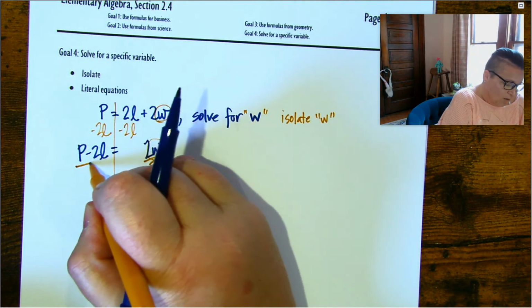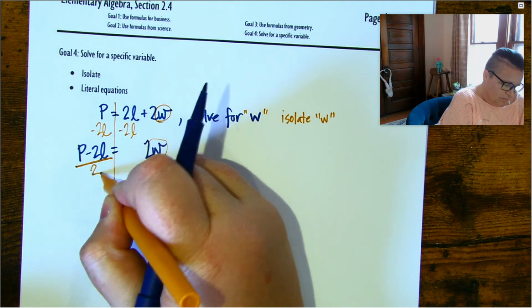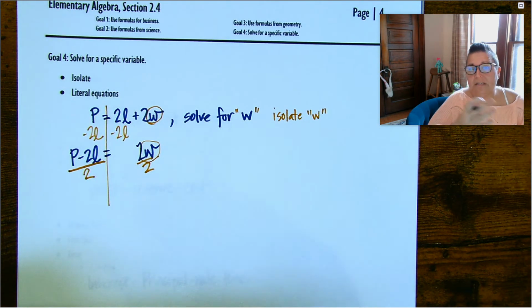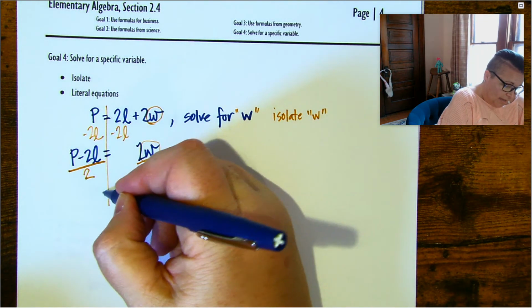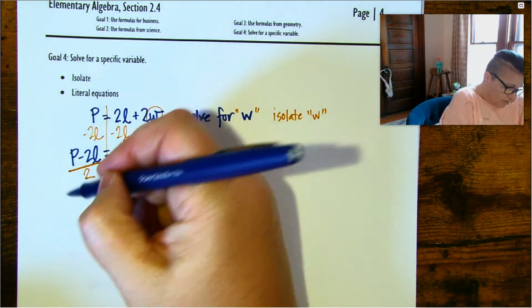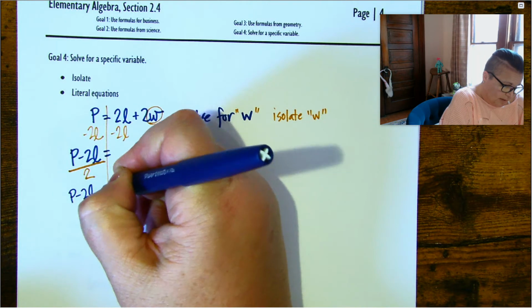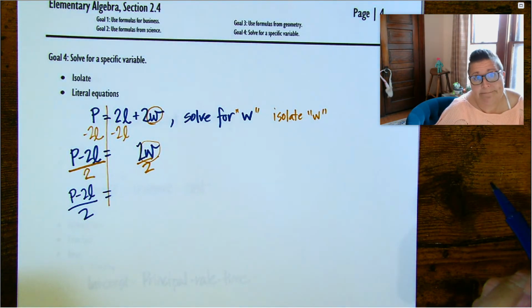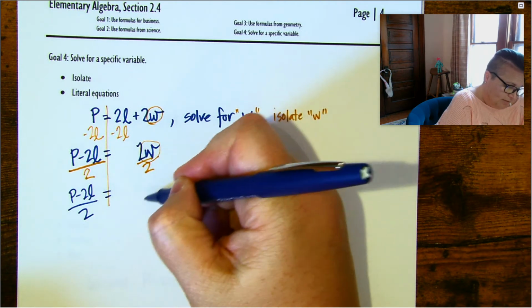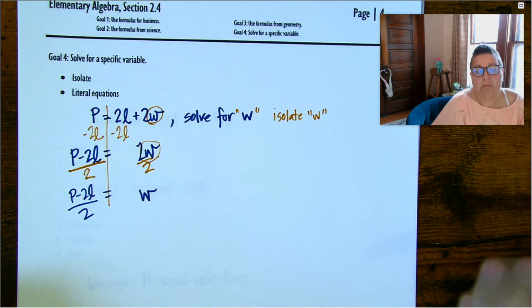I've got to divide the whole thing by 2, not just one part, the whole thing. Again, this is the part I loved because this is just P minus 2L over 2. What's left on the right side is a W. 2 over 2 is 1. That's a W. That's all she wrote. I can't do any more.